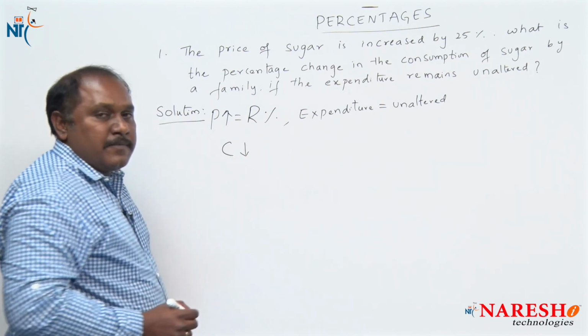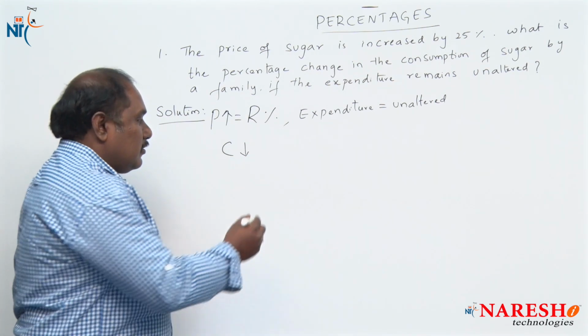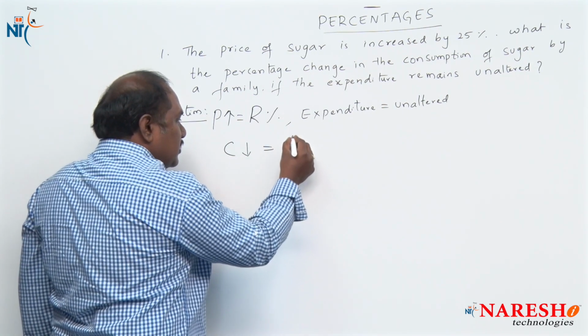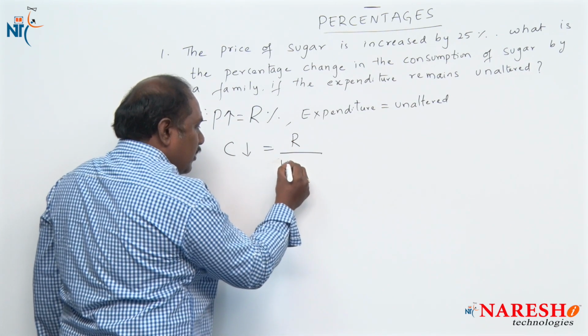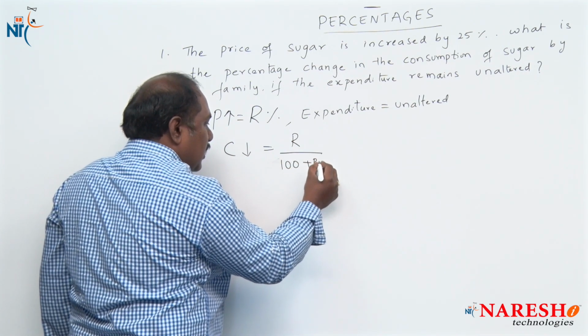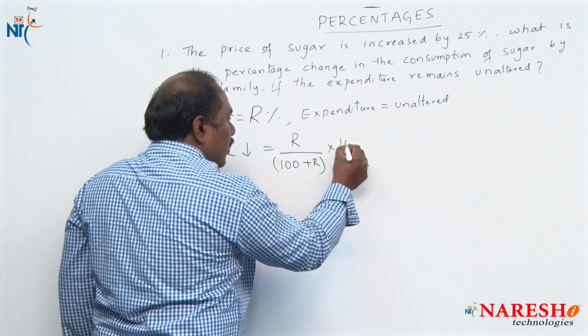Consumption decreases. By what percent? By using the formula, it is R by 100 plus R into 100%.